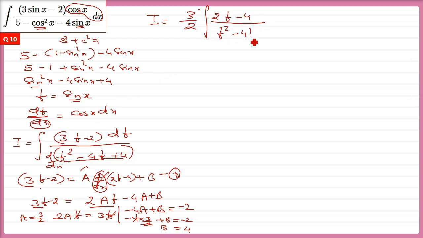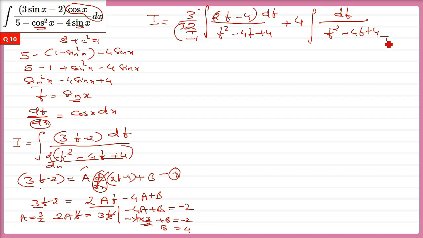T square minus 4t plus 4 in terms of dt. Then we have this second one, which is b, which came to 4. The 4 I am taking outside, integration of dt divided by, of course, t square minus 4t plus 4. Now this is I1 and let's call it as I2. We will separately integrate them and then we will combine them.